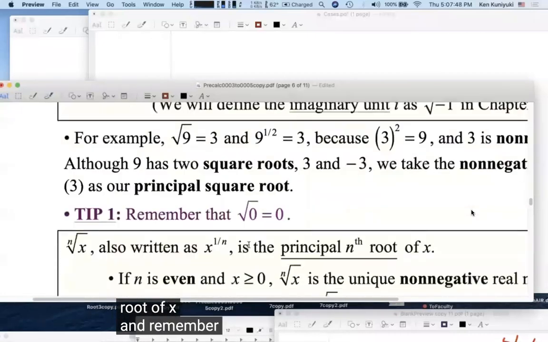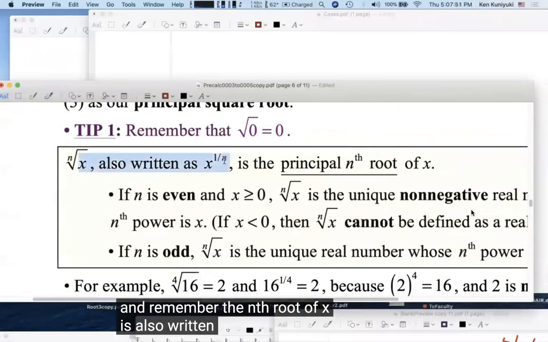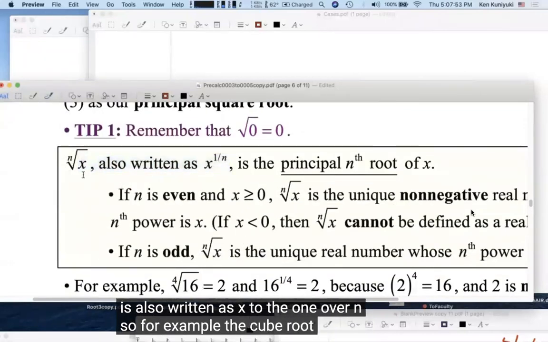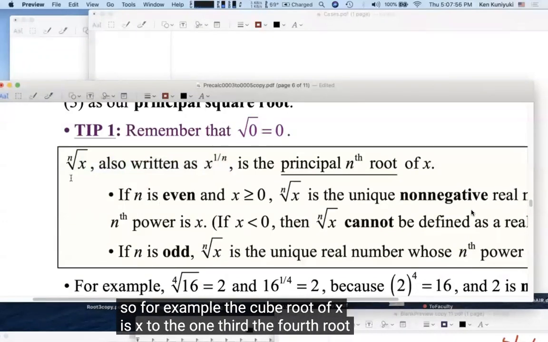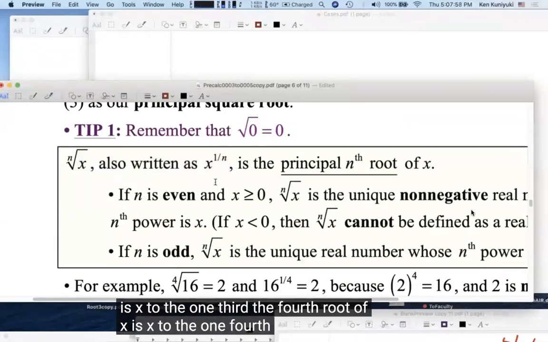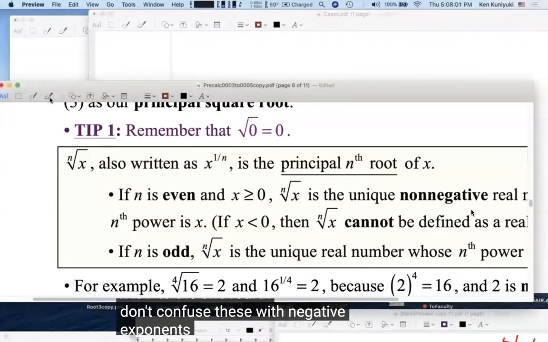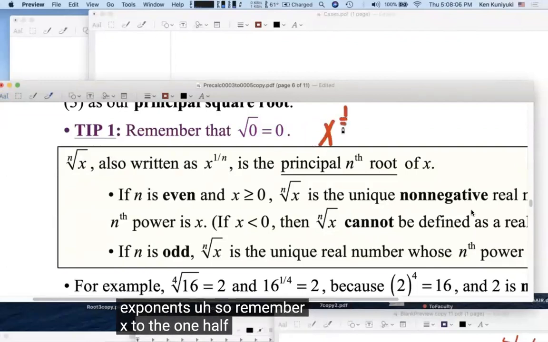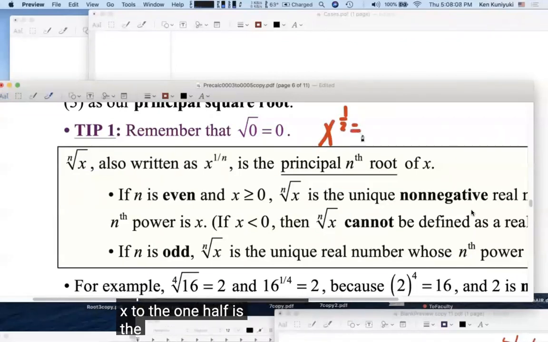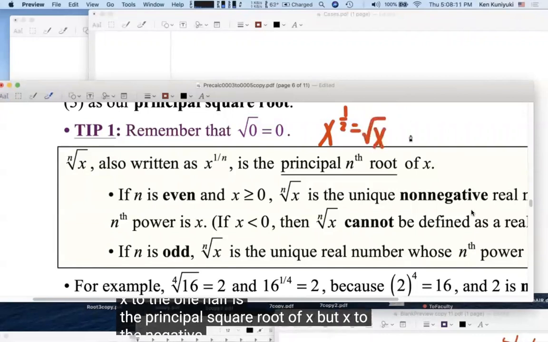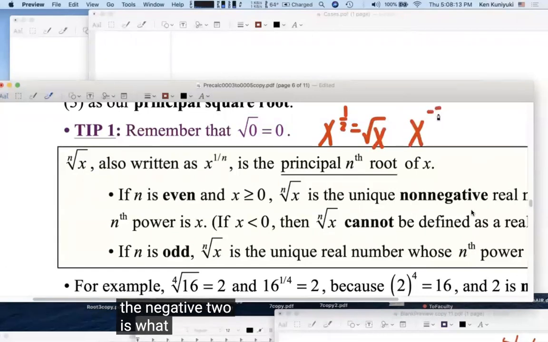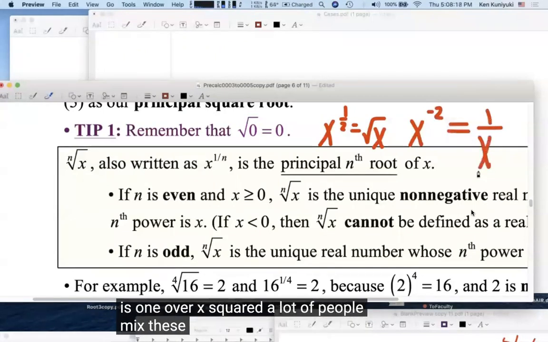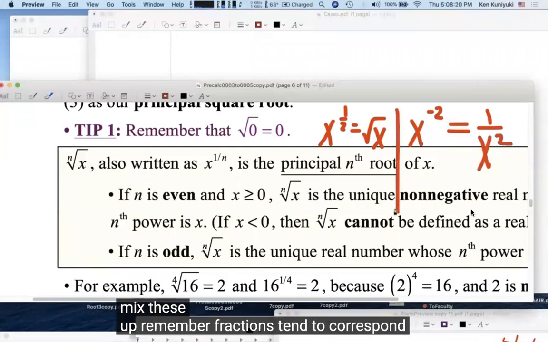And remember, the nth root of x is also written as x to the 1/n. So for example, the cube root of x is x to the 1/3. The fourth root of x is x to the 1/4. Don't confuse these with negative exponents. So remember, x to the 1/2 is the principal square root of x, but x to the -2 is what? X to the -2 is 1/x squared. A lot of people mix these up. Remember, fractions tend to correspond to radicals. Negative exponents tend to correspond to fractions.